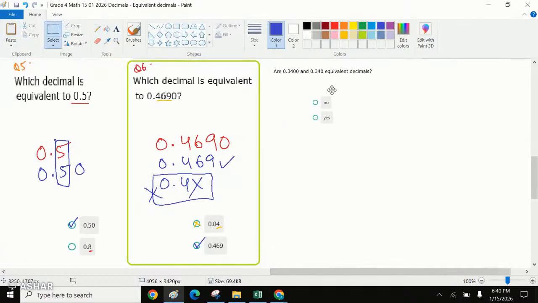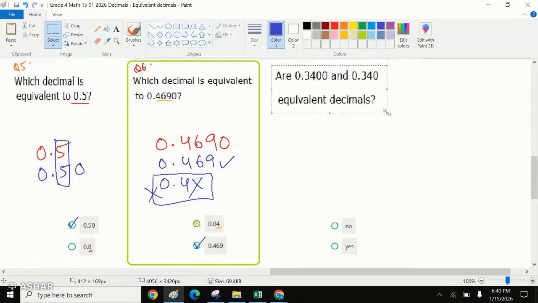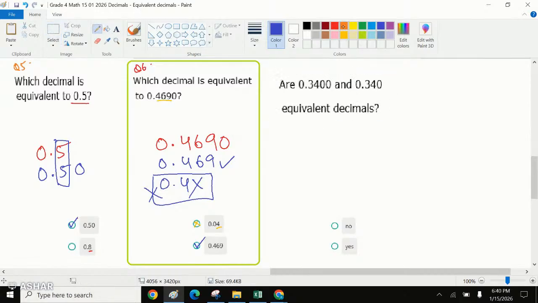For the next question, question number 7, they're asking, are these two numbers equivalent decimals? I'll just resize it so that this is readable. Okay, no problem. See, when you give the answer, I also understand that you have the reasoning. What can we say about this? Okay, you're saying it's equivalent. Yes.